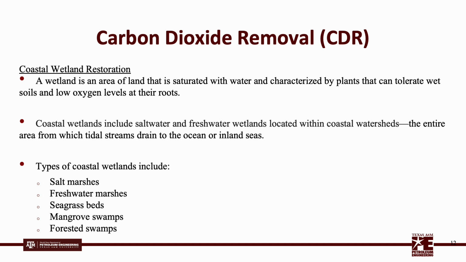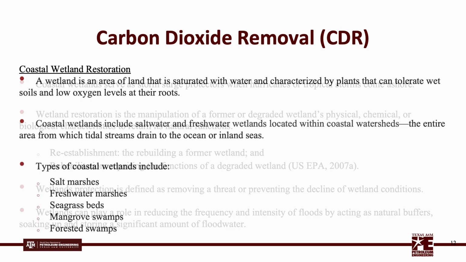Coastal wetland restoration is the first method of CDR we will discuss. A wetland is an area of land that is saturated with water and characterized by plants that can tolerate wet soils and low oxygen levels at their roots. Coastal wetlands include saltwater and freshwater wetlands located within coastal watersheds.